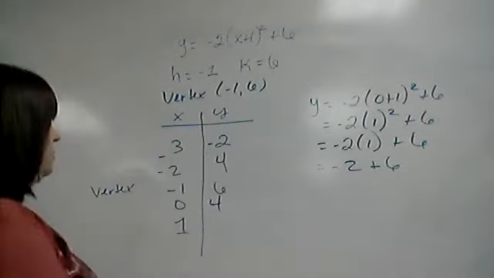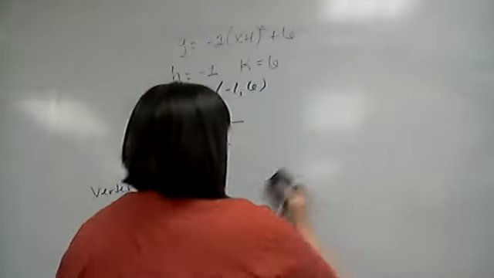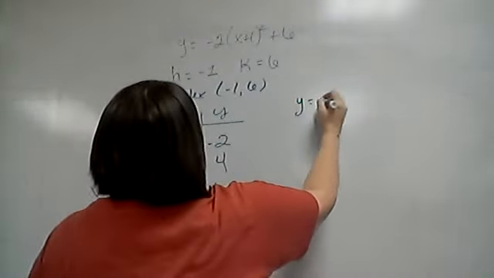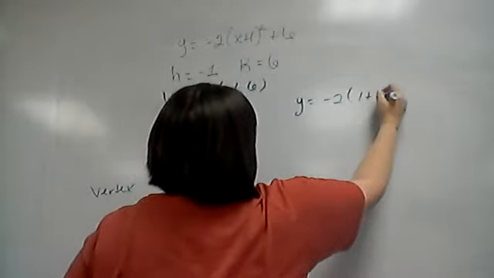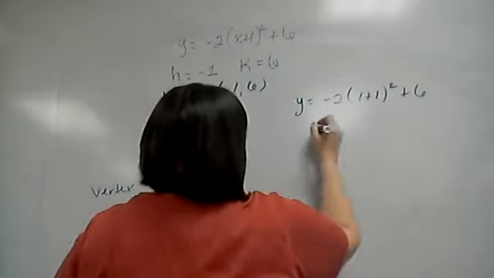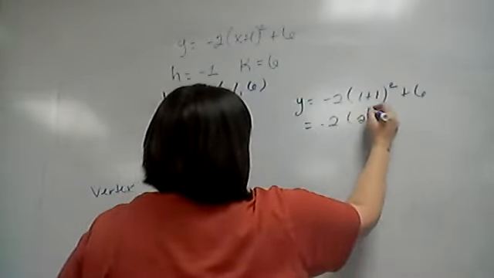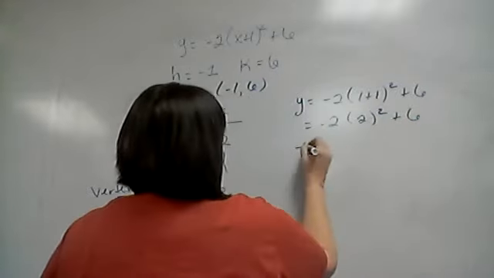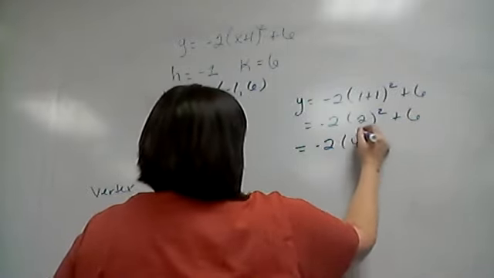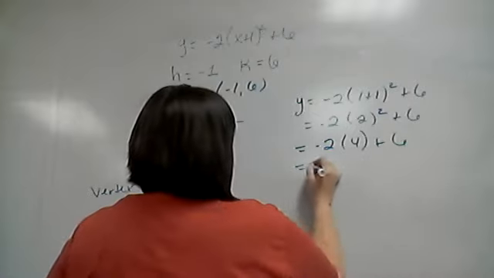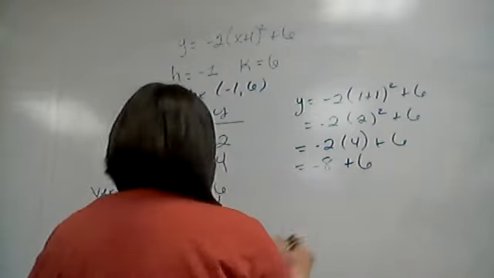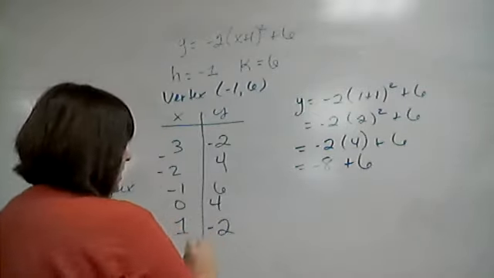And then the last one, we're going to plug in 1. So y is going to be negative 2 times (1 plus 1) squared plus 6. Negative 2 times 2 squared plus 6. Negative 2 times 4 plus 6. Negative 8 plus 6. So it is negative 2.